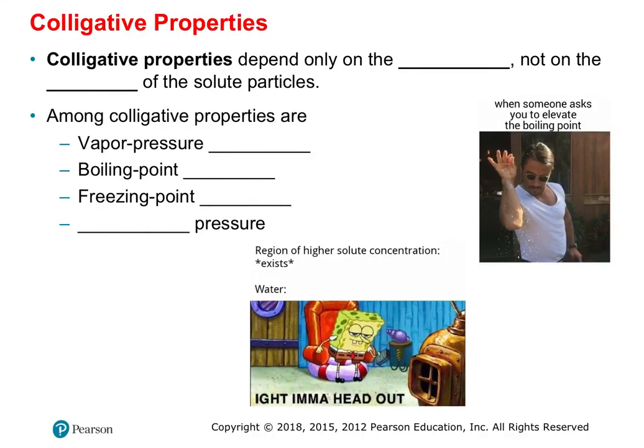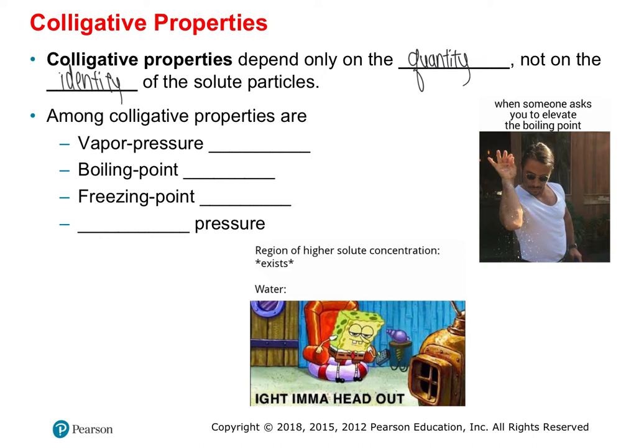Now that we've talked about solutions and how we can measure their concentrations in a variety of ways, and we've talked about some properties, we're going to talk about colligative properties, which is a variety of properties that specifically depend on the quantity of solute that you put in, but not the identity of the solute.